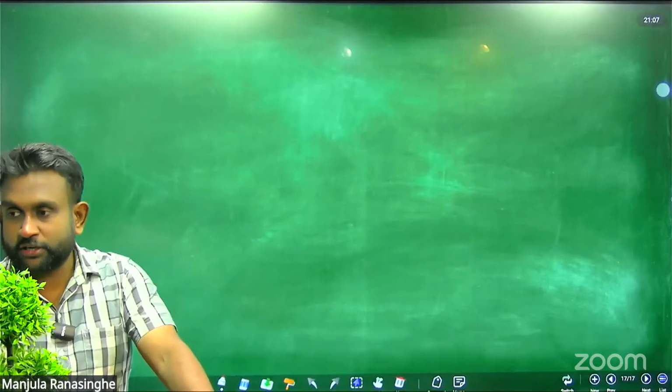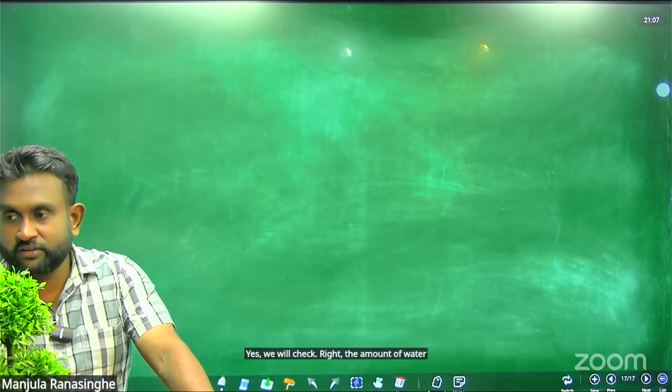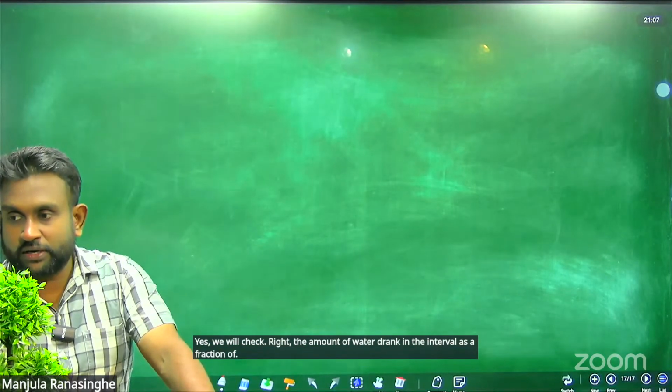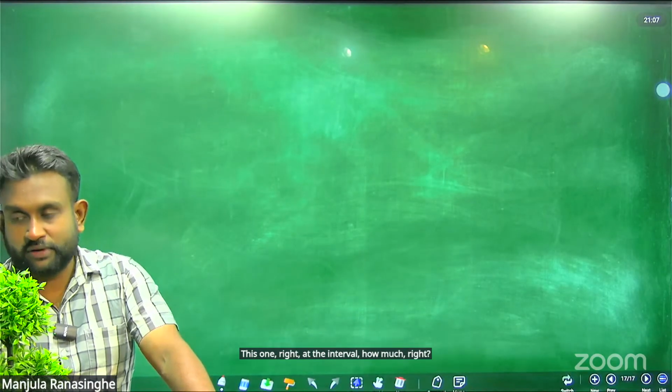Yes, we will check. Right, the amount of water drunk in the interval as a fraction of the whole. At the interval, how much? We will take it here.